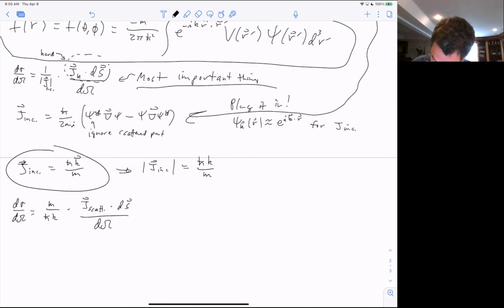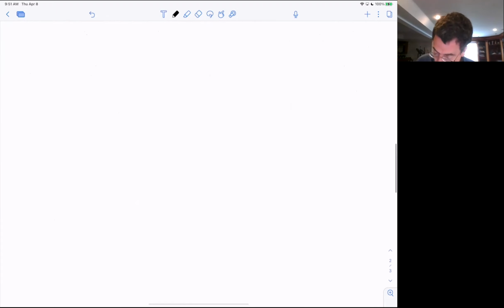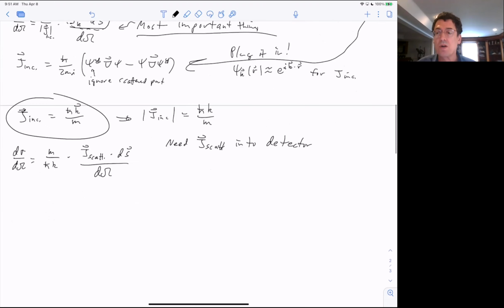And so now we need j scattered into the detector, and that's harder because now we can no longer ignore the scattered wave.